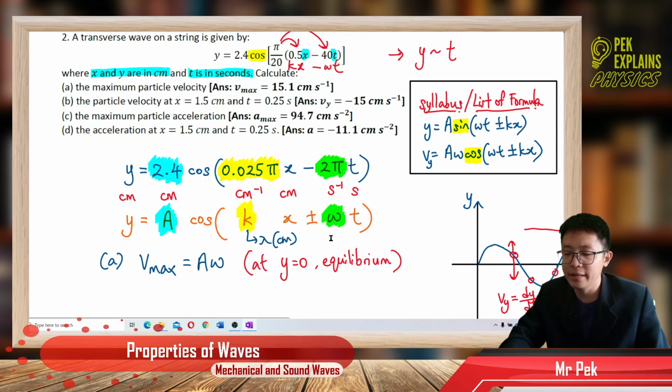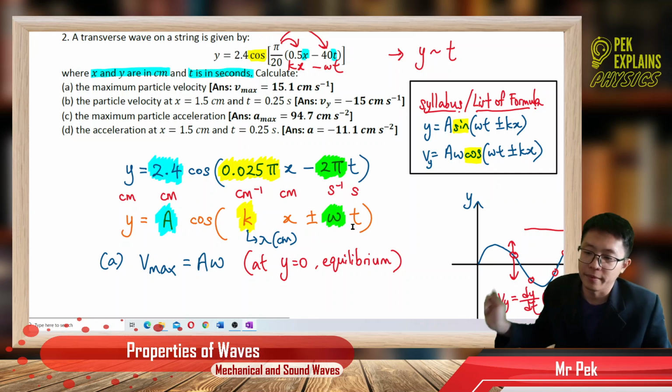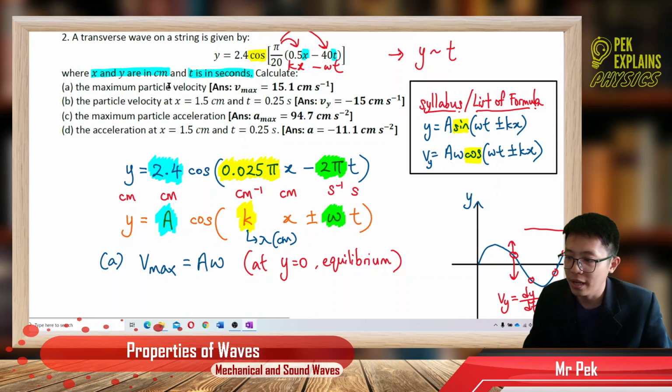Okay? And then how about the omega? Your time is in second. So my omega is per second. That means from omega you can get frequency, you can get period. So my omega is per second, that means my period is in second.